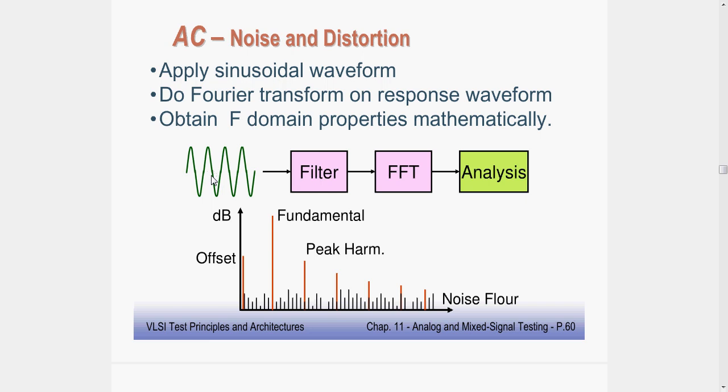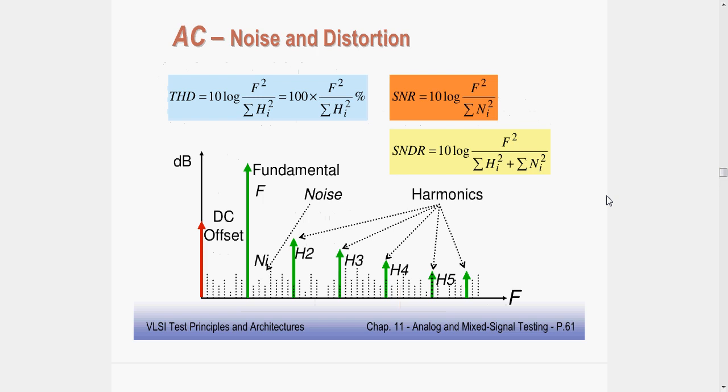Once it passes through the FFT, it becomes a frequency domain signal, and by measuring this we can measure the frequency domain properties of the particular circuit under test. Here you have a fundamental frequency, and due to mismatch you have many other harmonics within the circuit itself.